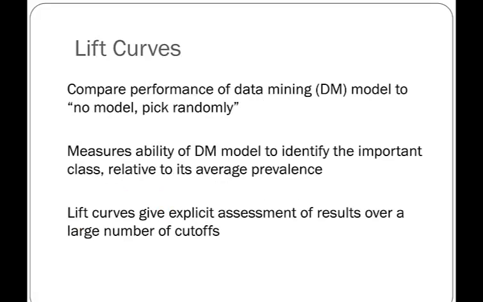And the idea here is to estimate the probability that people are going to be considered cheating on their taxes, and then compare the proportion of that rare event that you would get based on the model that you are using to no model or random pick.